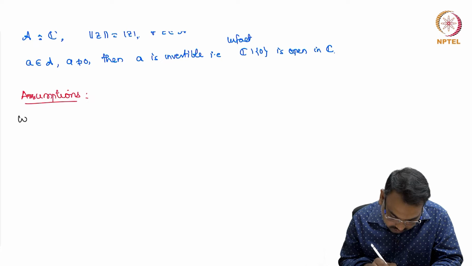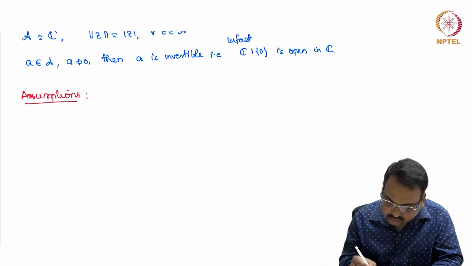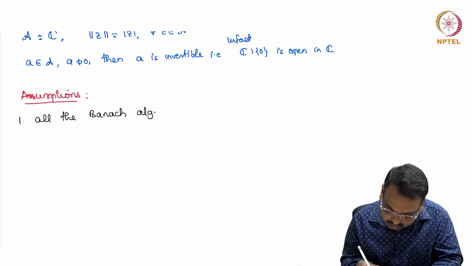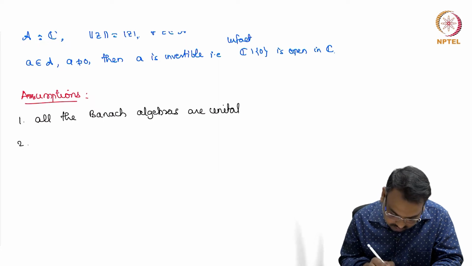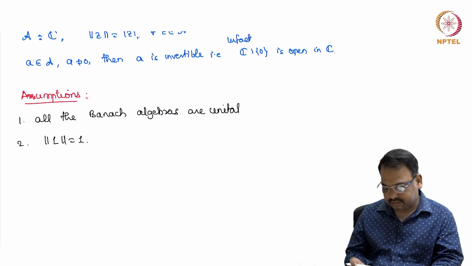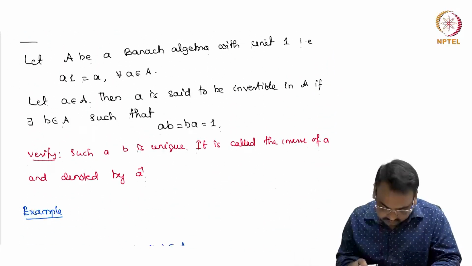We assume that all the Banach algebras are unital. The second one is that the norm of the unit element is 1. Okay, so there is a reason for this.